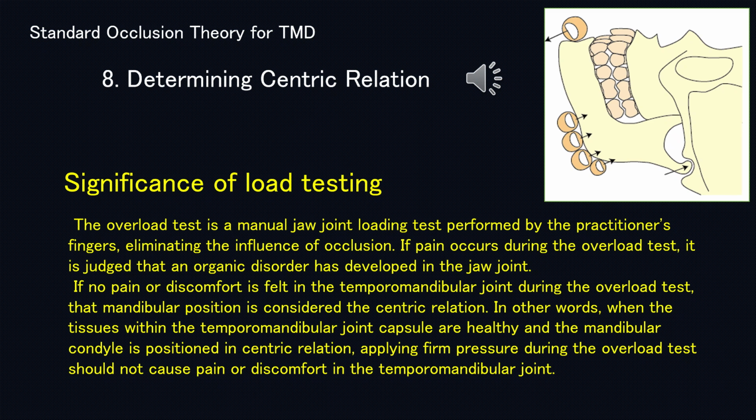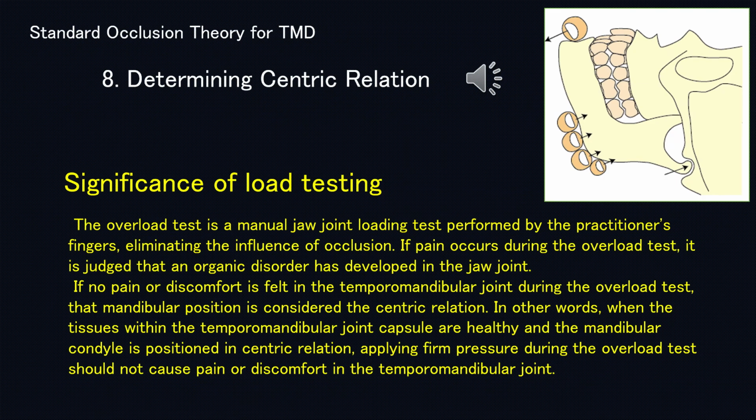Significance of load testing. The overload test is a manual jaw joint loading test performed by the practitioner's fingers, eliminating the influence of occlusion. If pain occurs during the overload test, it is judged that an organic disorder has developed in the jaw joint.